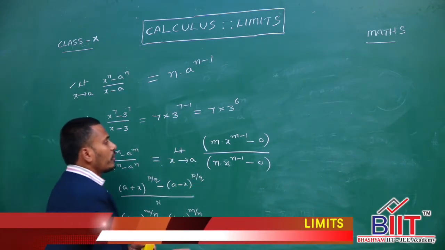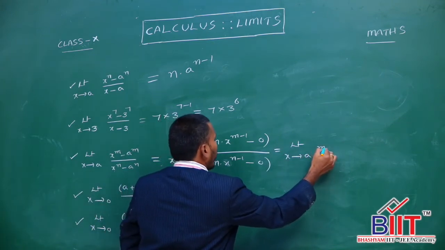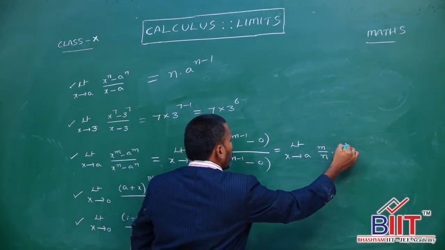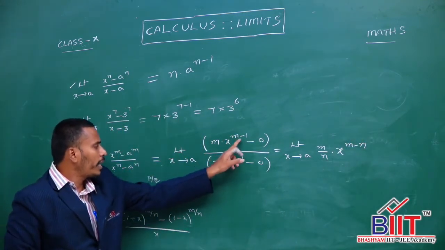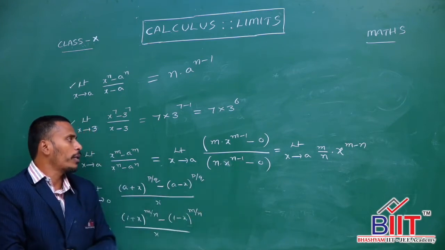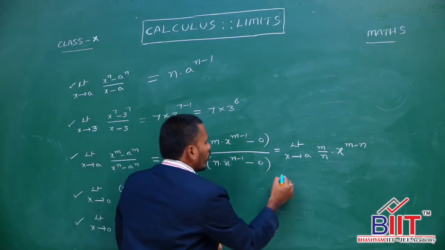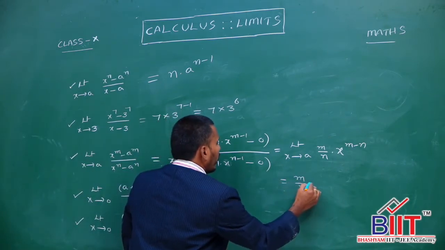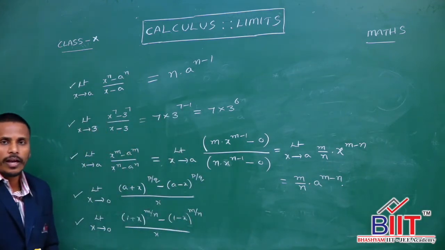On simplification, this is equal to limit x tends to a, m by n into x to the power m minus n, the usual law of exponents. x power m minus 1 by x power n minus 1 is simply x power m minus n. If you replace x directly with a, m by n into a power m minus n is your limit value.